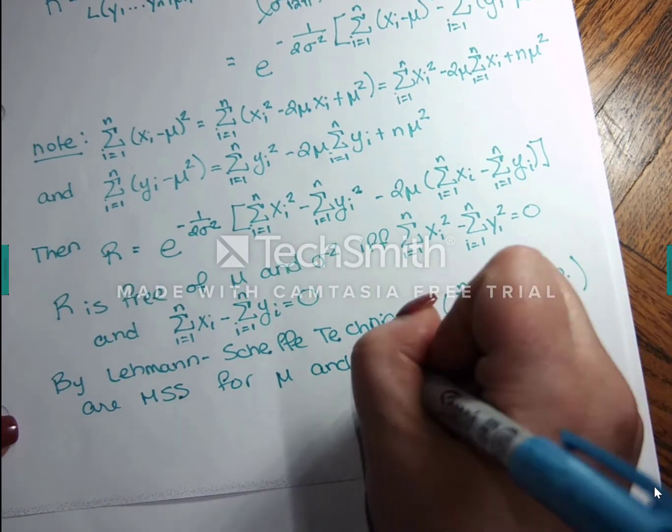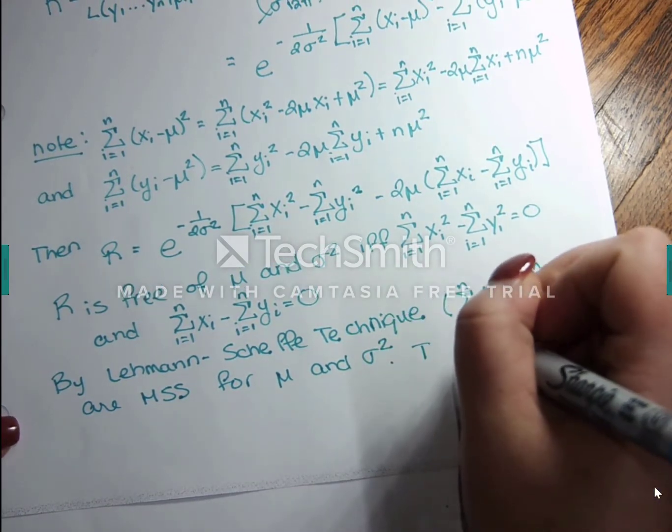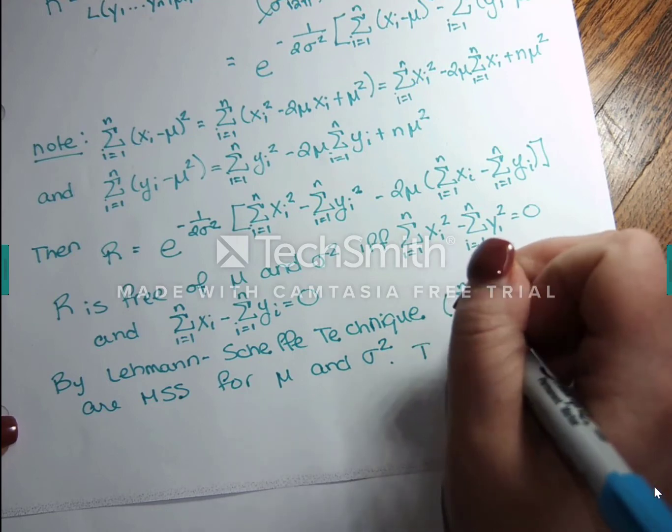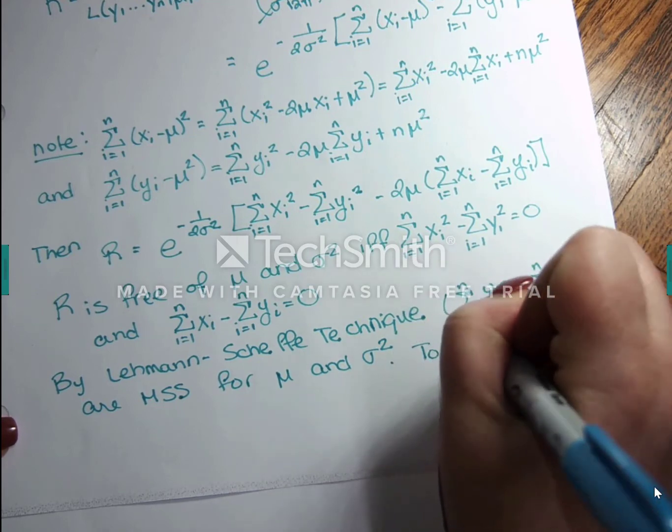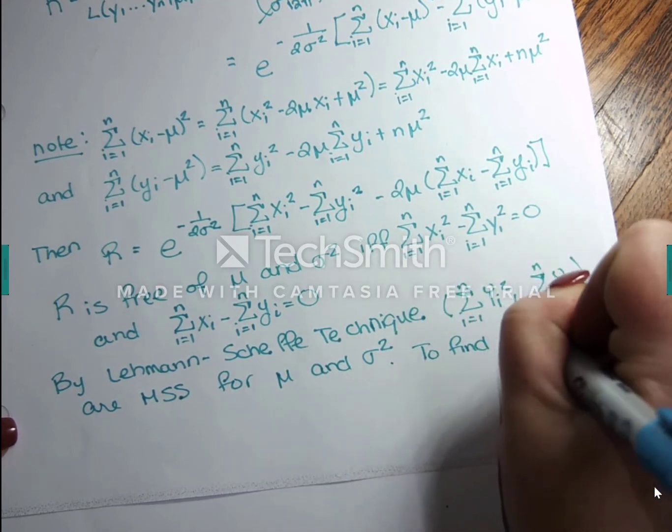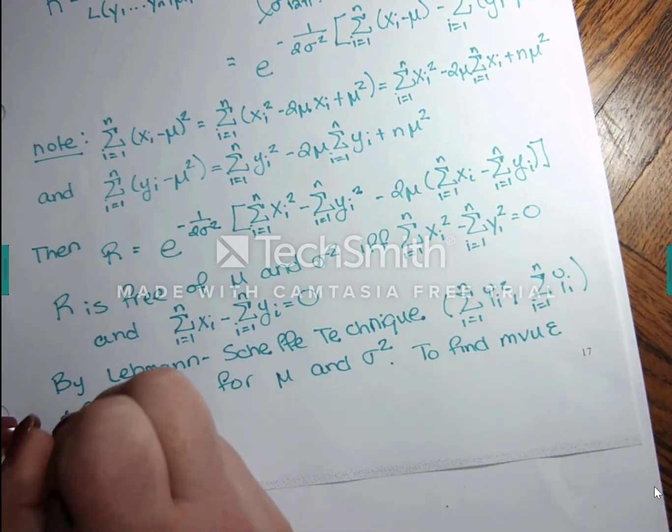Now, remember, our goal is to find the minimal variance unbiased estimator. We could consider the following.